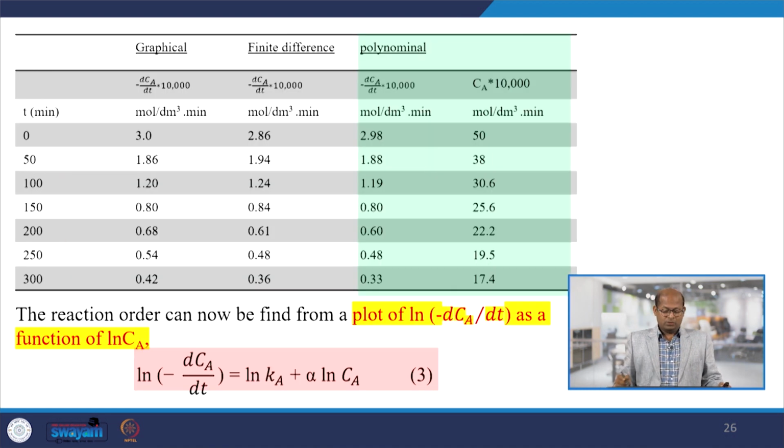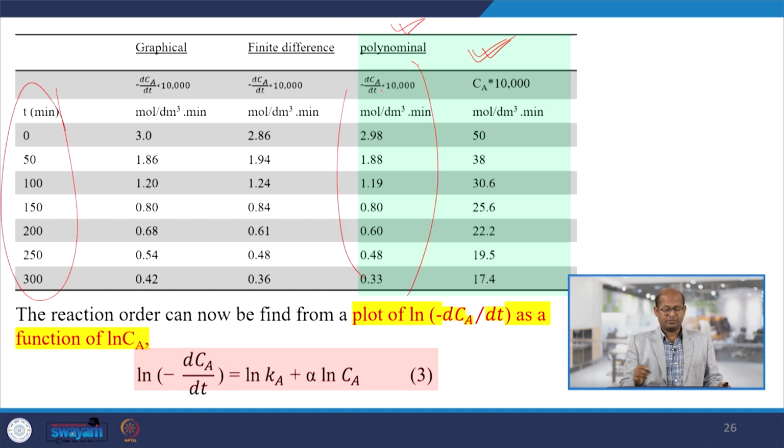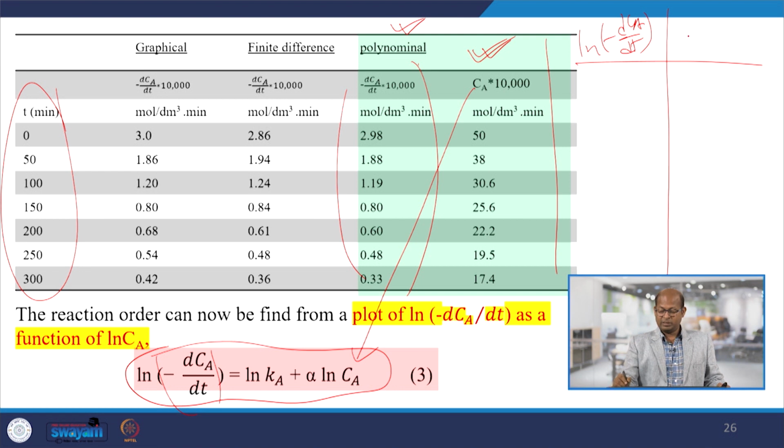Okay. So, now we have rate data and concentration data, let us say polynomial fit is there. Experimentally we can find out the concentration at different times, and by polynomial fits we can get rate data, minus dCA by dt. So, this is the rate equation, let us say for a first order rate equation. Here we have ln of minus dCA by dt, and ln CA.